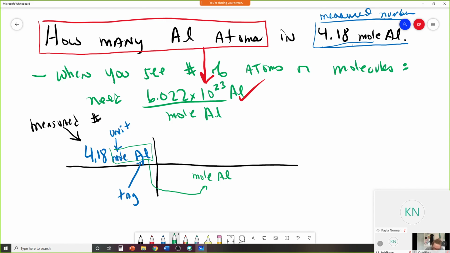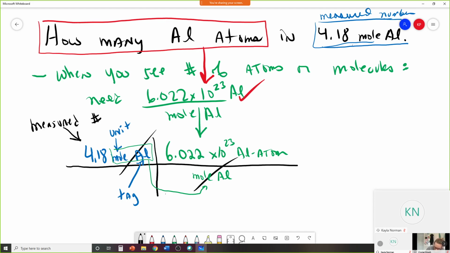We're going to use our 6.022 times 10 to the 23rd aluminum atoms per mole of aluminum as a conversion factor, and it goes down here as written. Look, moles aluminum cancels, moles aluminum cancels. You see that?